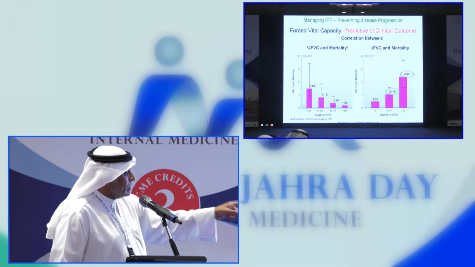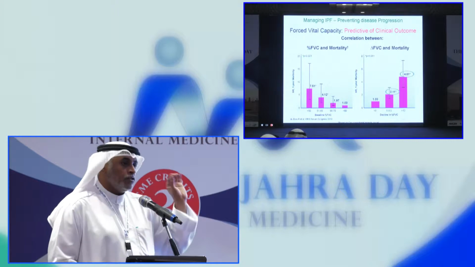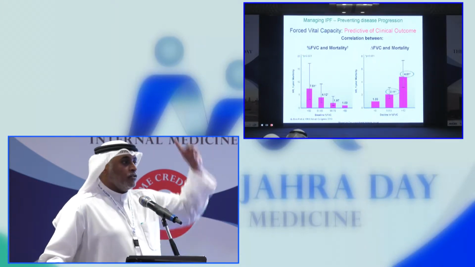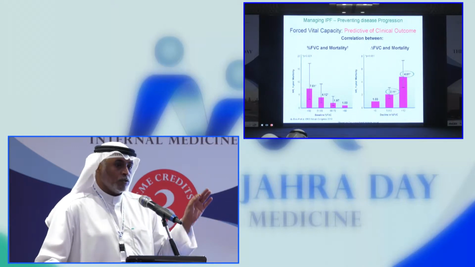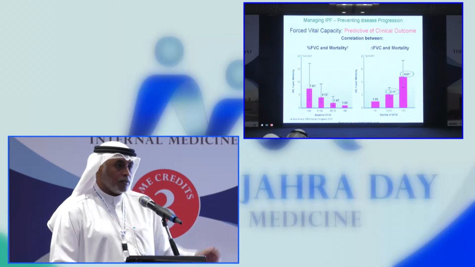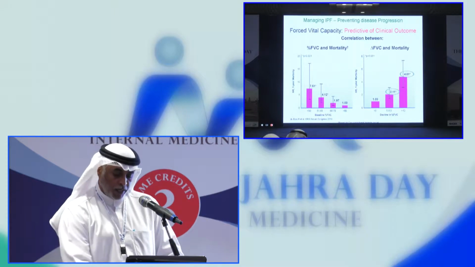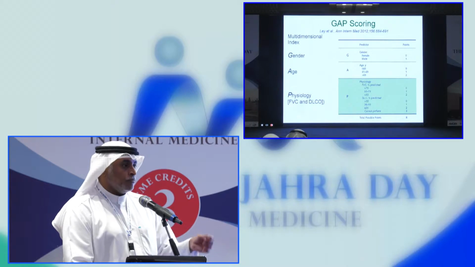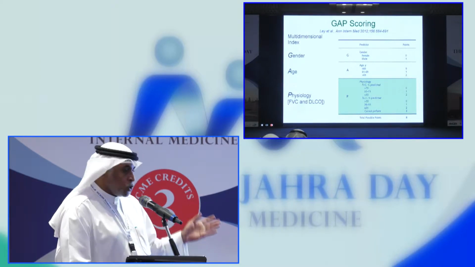And on the right side, those with more than a 10% drop in their FVC annually are at higher risk of death. So this is an important tool that is supposed to be done every 3 months for patients with IPF.